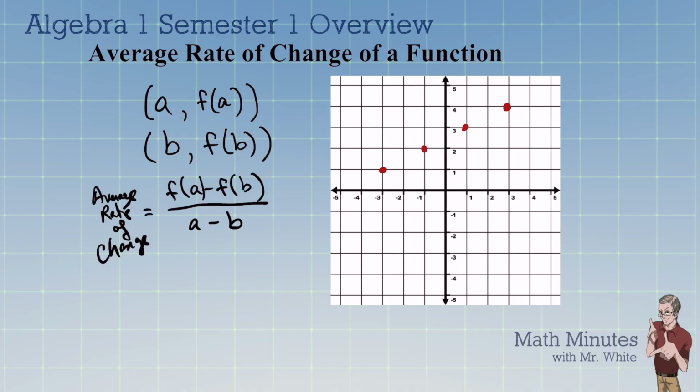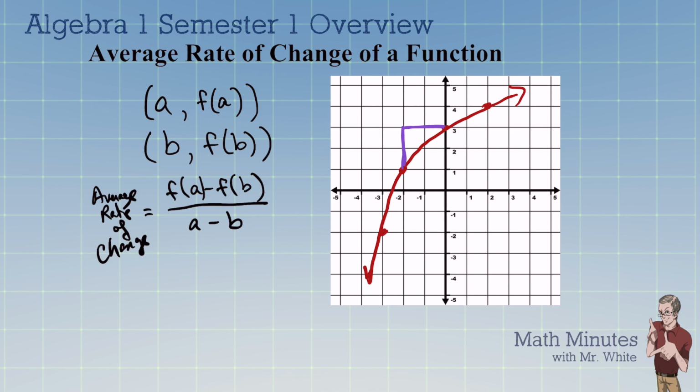And again, that could be any 2 points on a graph, and they actually don't even have to line up to form a line. We could have a curve, maybe like this, and here's the graph of the function, and maybe we want to know how the function was changing from here to here. Well, we are going to find the difference of the y's and the difference of the x's.